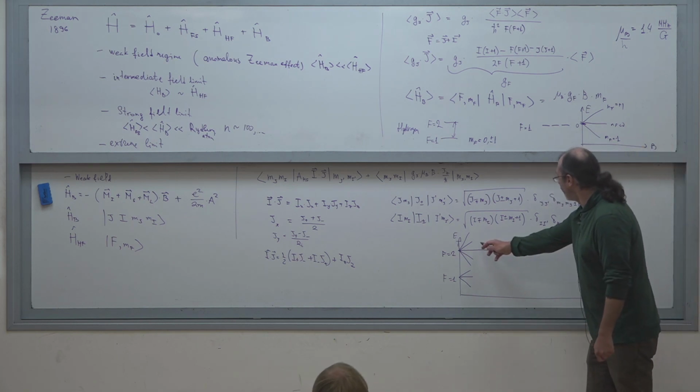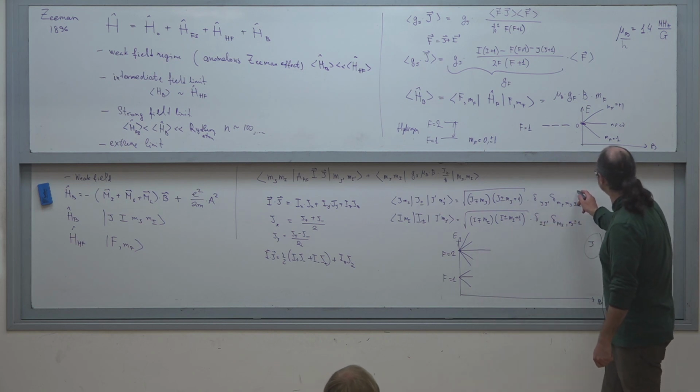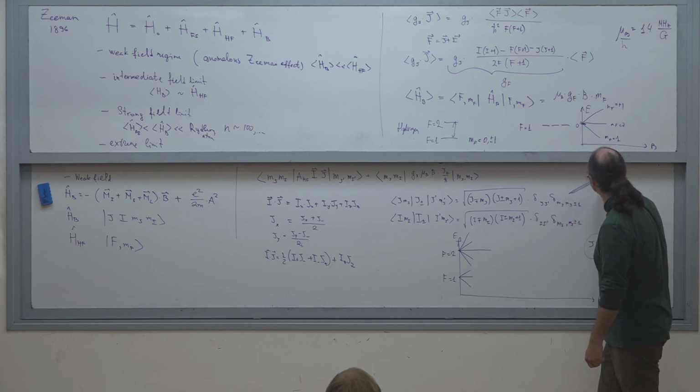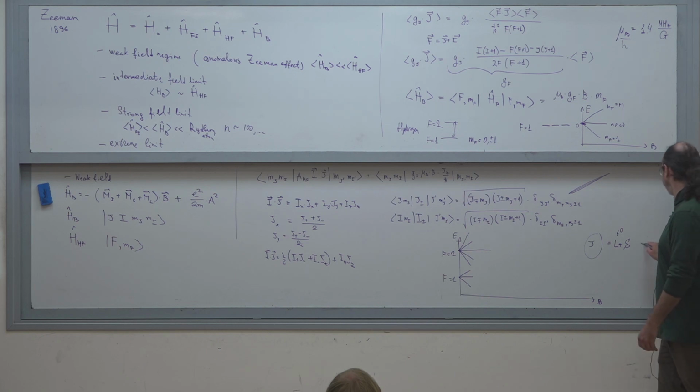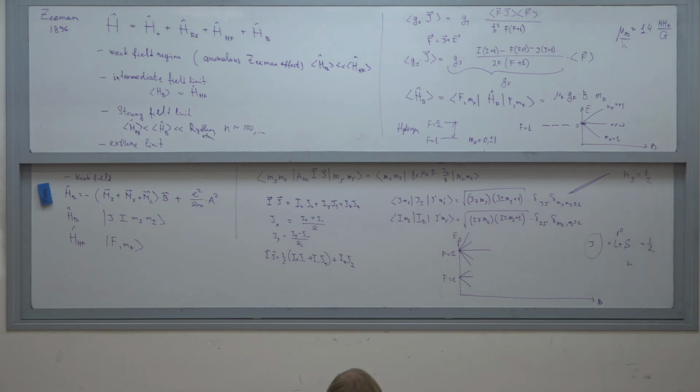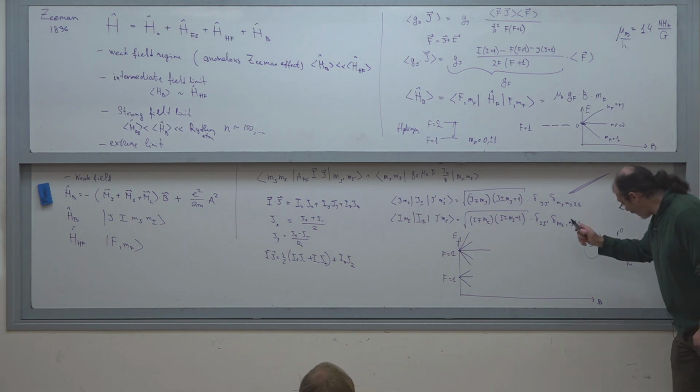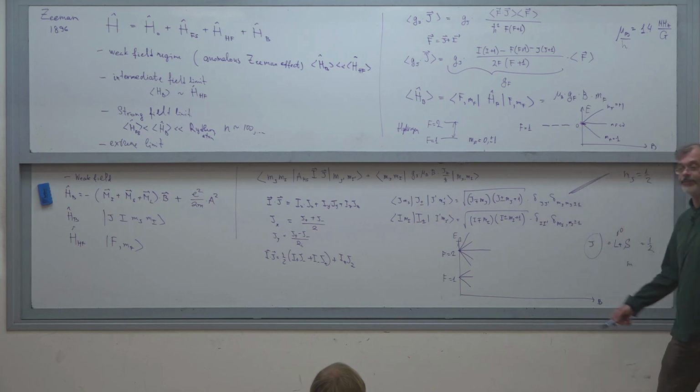So this level, I will have to find one level going up and the second level going down. So plus 1/2 and minus 1/2. J is 1/2, so MJ can be equal to 1/2, which goes up, and MJ equal to minus 1/2 goes down.